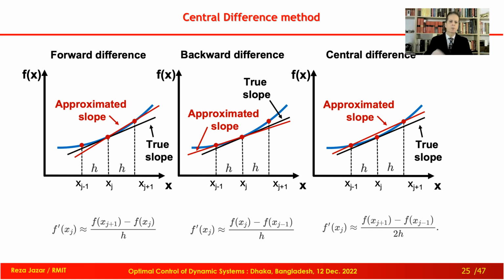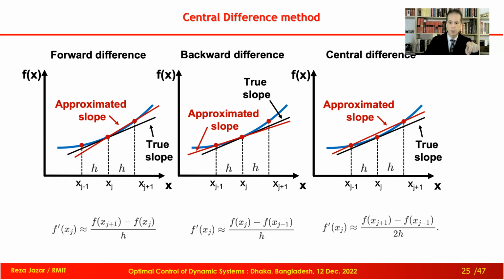Let me explain in forward difference what the point is. The point is that we have a curve here plotted in blue. Okay, blue is the actual curve. What we want is the true slope, which is the black line, at the point introduced here by x sub j.